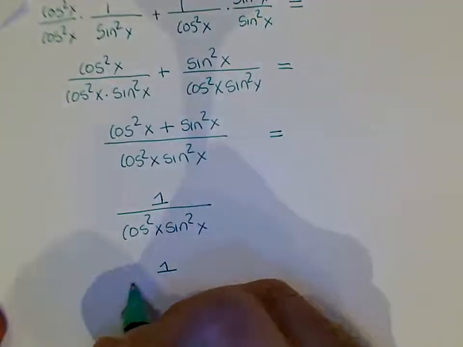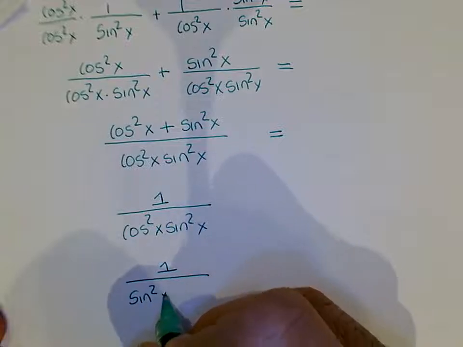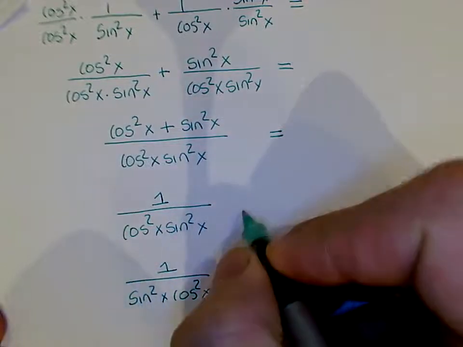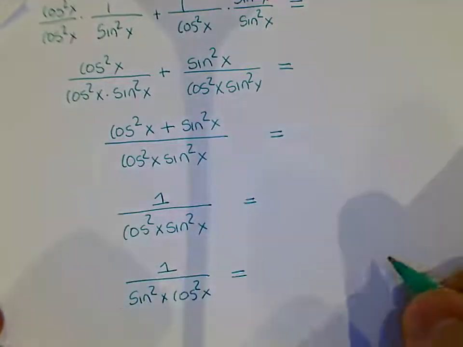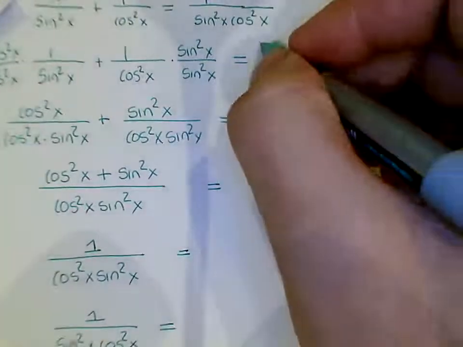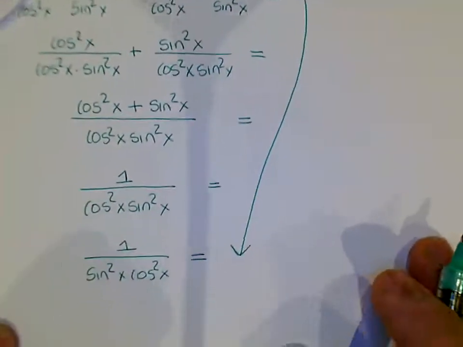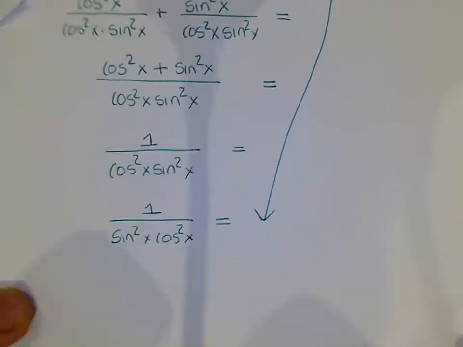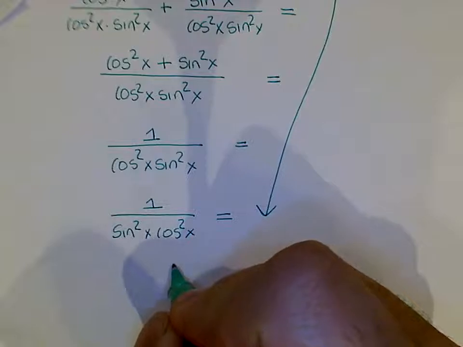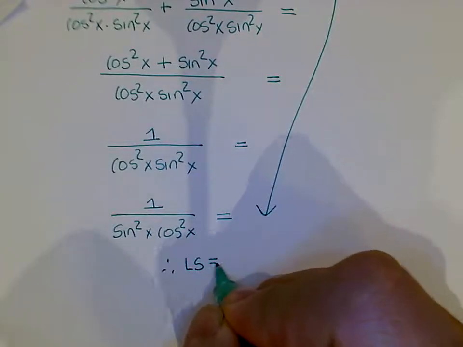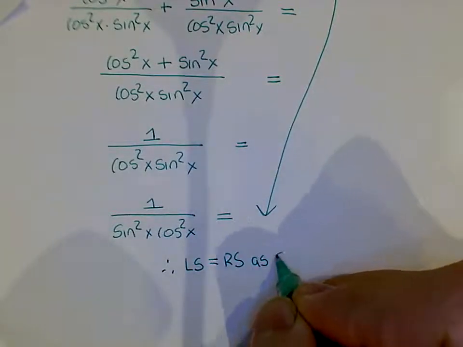The only difference is they're just being multiplied in the reverse order. And remember, your order doesn't matter when you're multiplying. So all of this carries forward. I don't need to rewrite it a million and one times. And therefore, left side equals right side as shown.